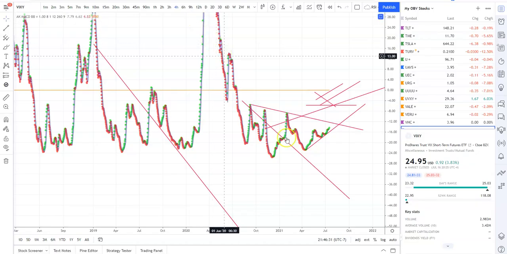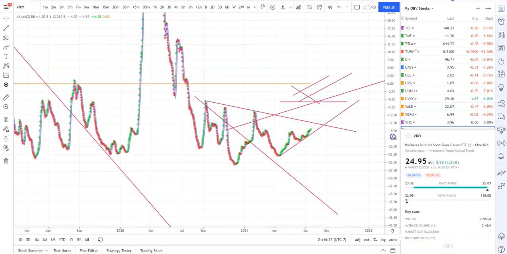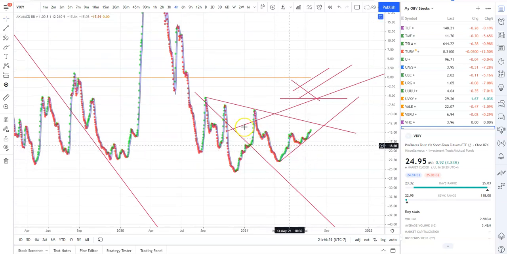But then I want to jump over to the momentum chart, and we'll start here on the 4 hour. Remember, this is the VIXY proxy for the VIX. This starts going up, signals trouble ahead for the market.